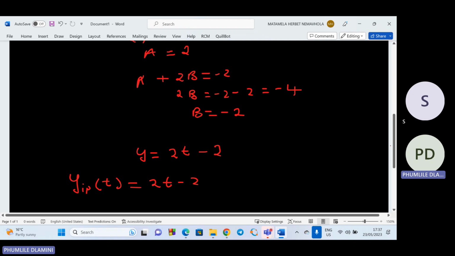So we got the particular equation. So if you check in your memo, they did it the hard way. I showed you how to do it. Do you see that we got the same answer, 2t minus 2, for x particular?